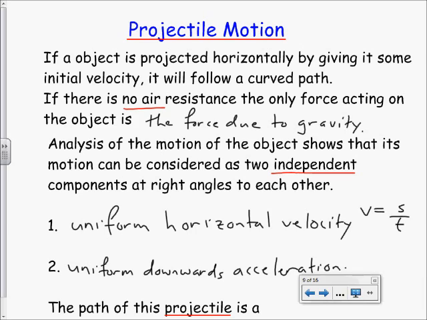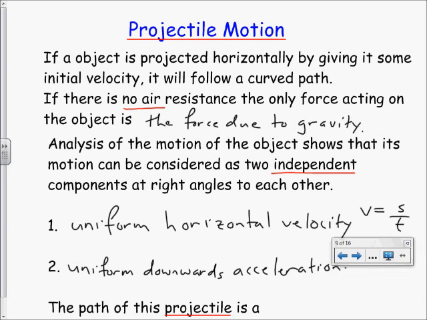One other point to note in passing is that the path of a projectile is called its trajectory. You'll sometimes hear on TV the discussion about the trajectory of perhaps a satellite that's falling back to the Earth or something like that.